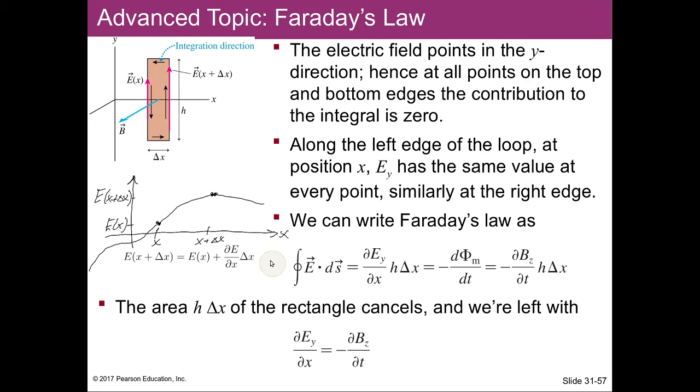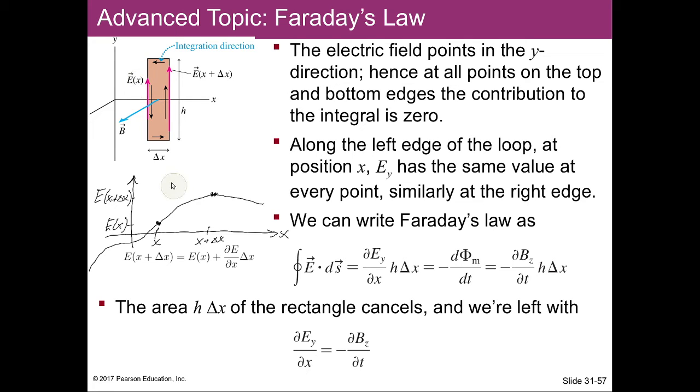Okay, so the field on the right side is just the same as the field on the left side, plus this term involving the derivative of the electric field with respect to x. And so on the right side we are going upward, and that's the orientation of the field and how we go along the curve. So we have plus this expression times h for the contribution of the right side, and then on the left side we are going downward, the field still points upward, so we have minus h times E of x on the left side.